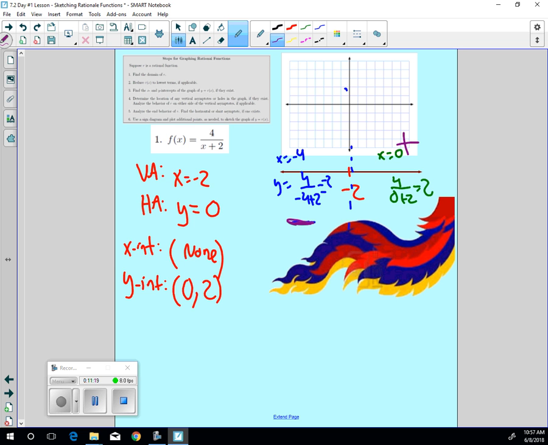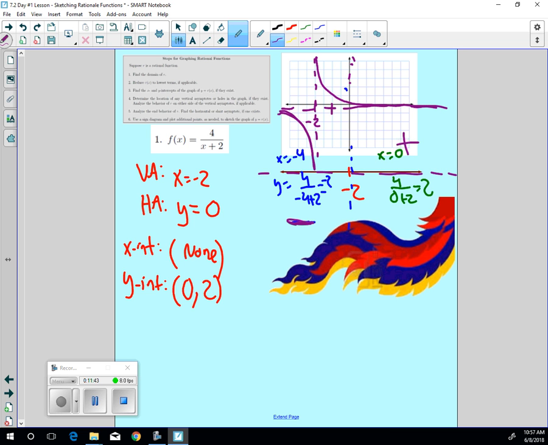So my guess is, since the horizontal asymptote is 0, a vertical asymptote at -2, so let's do it this way. Here's a graph. 0, and I'm just going to call this -2. It's negative down here and positive up here.